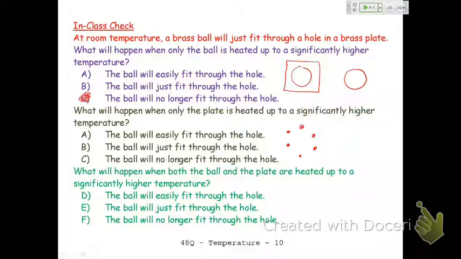And you've heated them up, so they occupy more space, so they move further away from each other. Things expand by moving further away from each other. So the hole, which was there, becomes a bigger hole. I would not have guessed that. I would have said the metal expands and squishes this hole up, but in fact it all gets bigger. It's amazing. So that would be easily fits through.